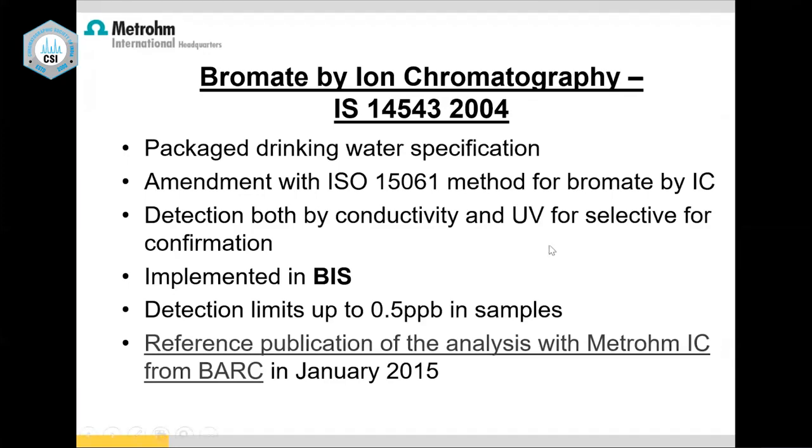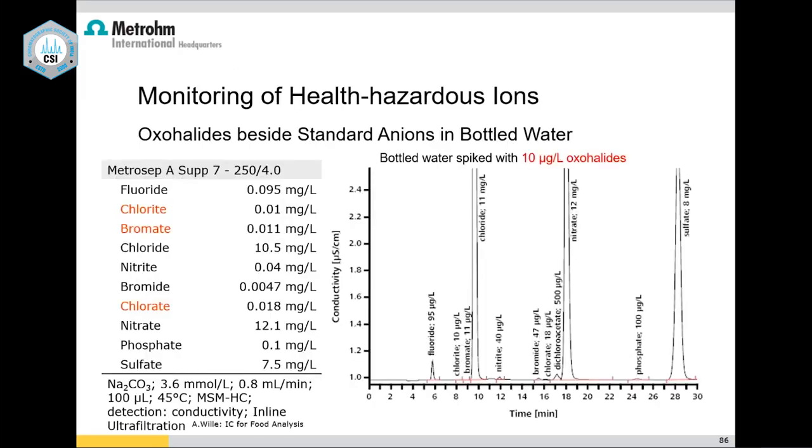Thus BIS has implemented IC as one of the methods for monitoring bromate in packaged drinking water. Several commercial labs have our instrument for bromate analysis by conductivity. This is one of the examples, oxohalides besides standard anions. You can see here bromate in the presence of chloride.